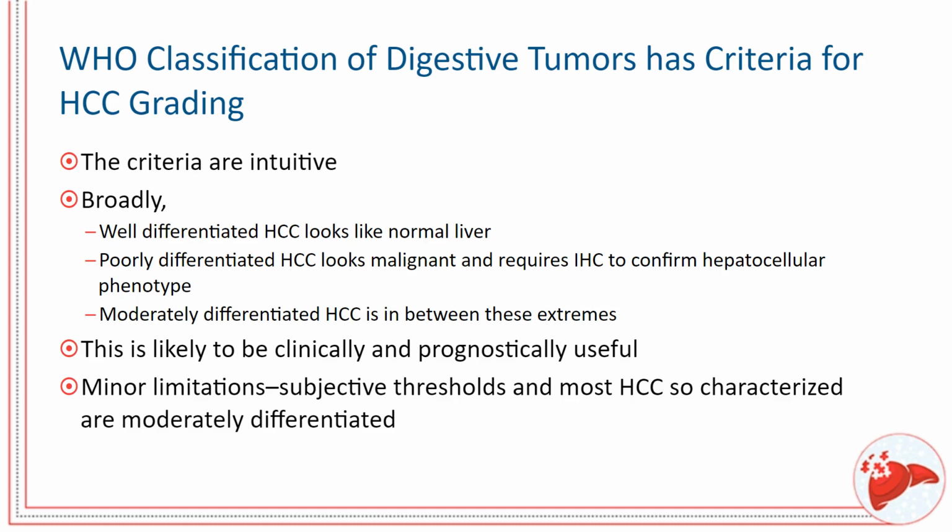The first is that it's subjective how one applies these thresholds. Where do you stop being well differentiated and move into moderate? It's subjective where it is no longer looking like normal liver, and it's also subjective as to when something requires immunohistochemistry to confirm that it's a hepatocellular phenotype.